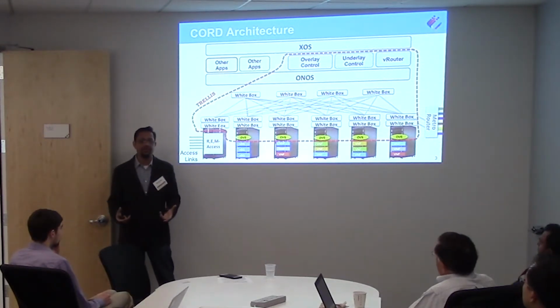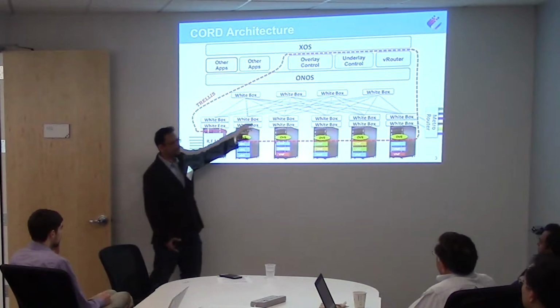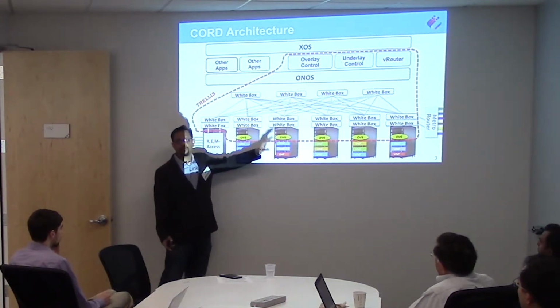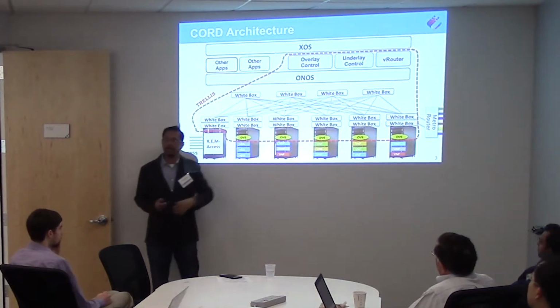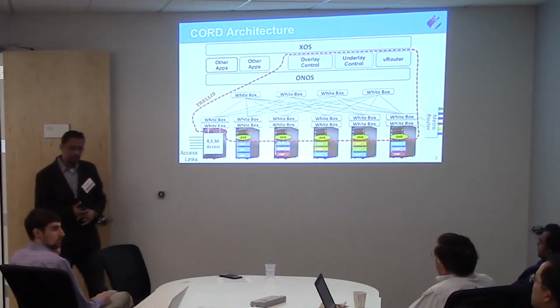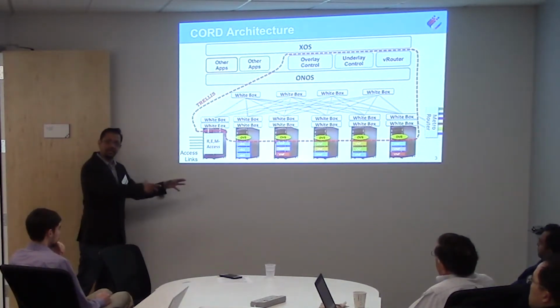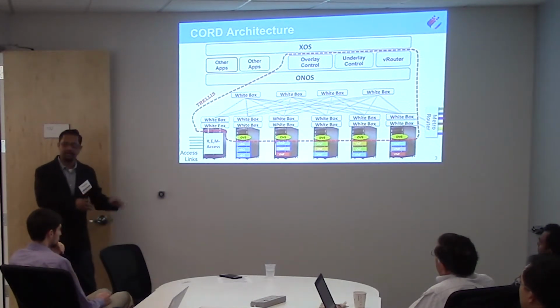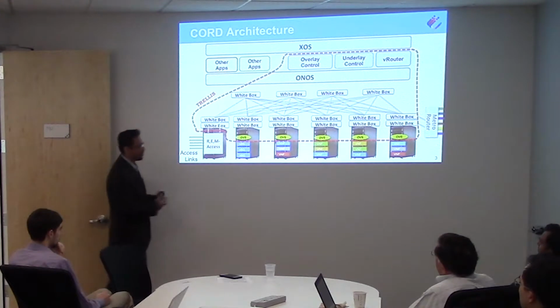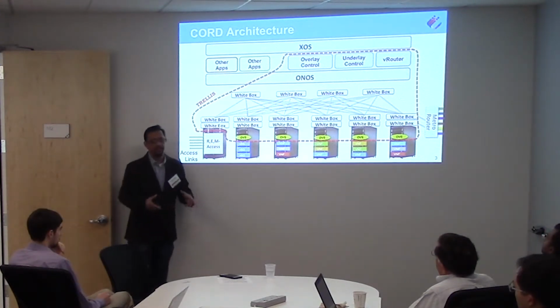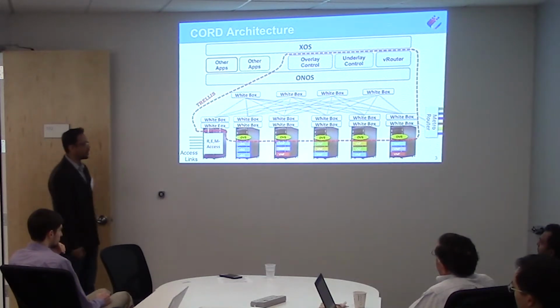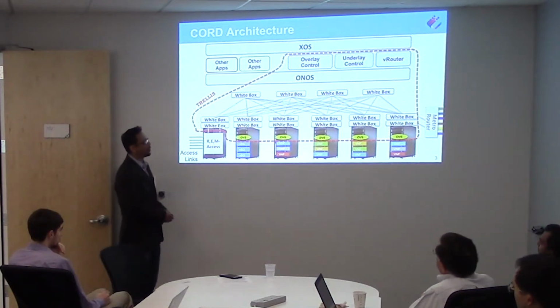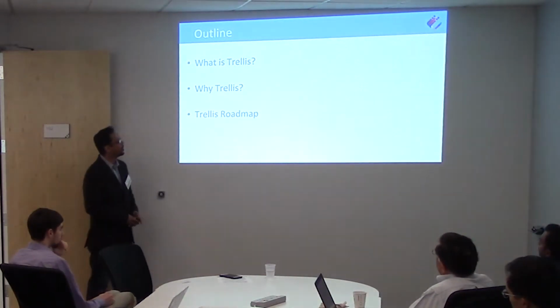Some don't even use an overlay network, but they can still use the underlay network to connect access equipment, the compute nodes, and the upstream routing equipment. So there is a use of Trellis in CORD, the way we present it, the way we create the reference architecture and reference implementation, and there is a use of Trellis outside of CORD. You will hear that throughout the presentation when we talk about the roadmap and so on.